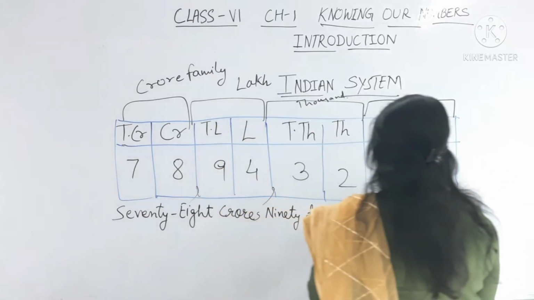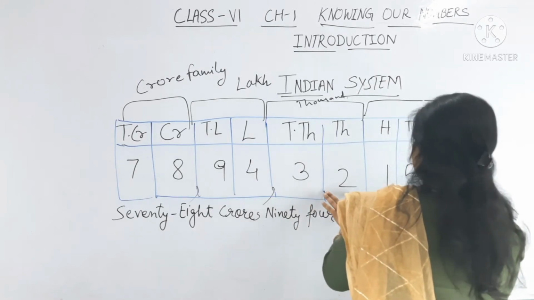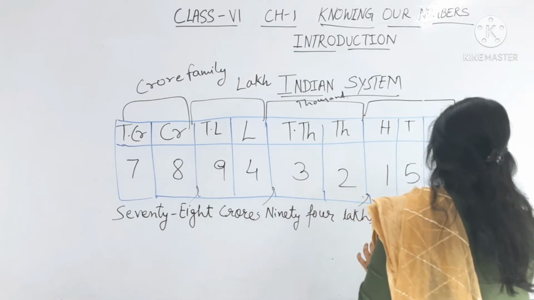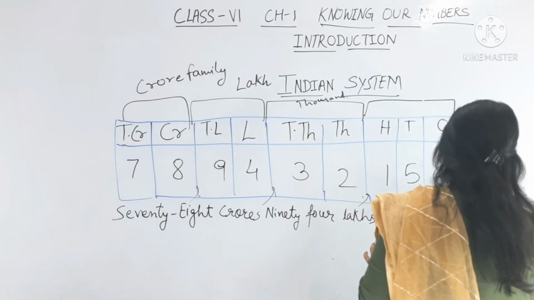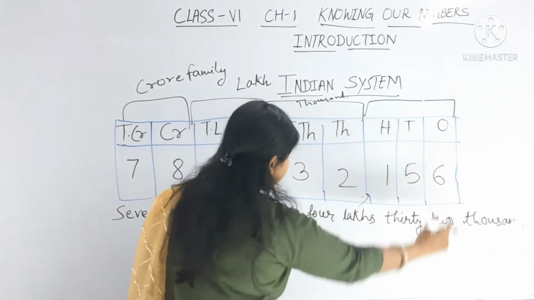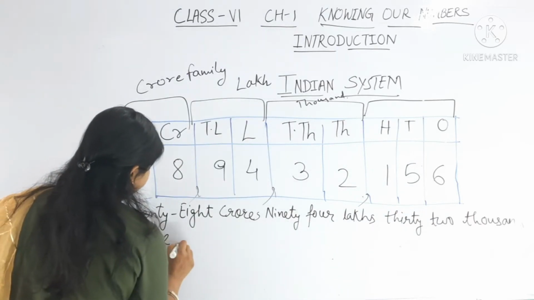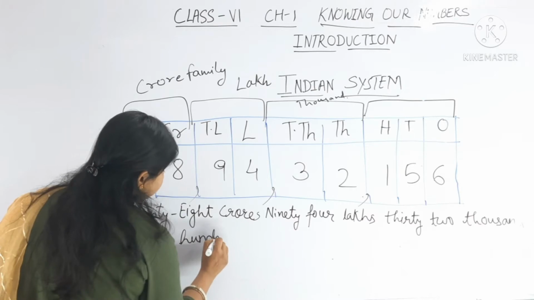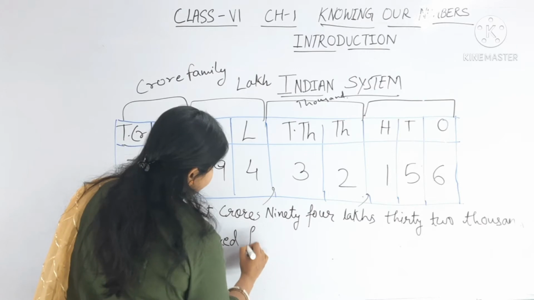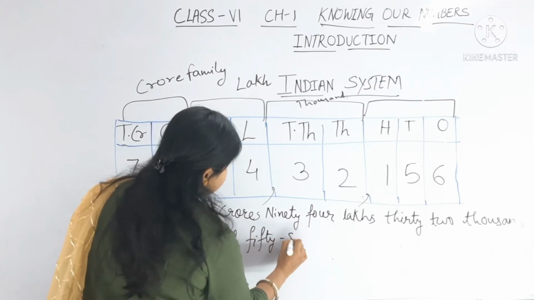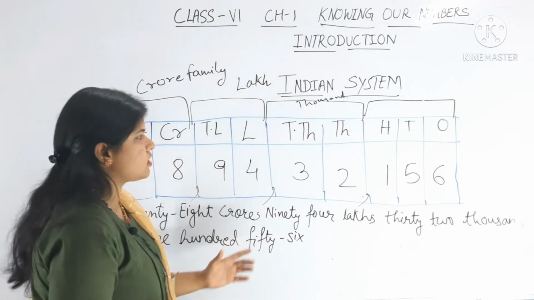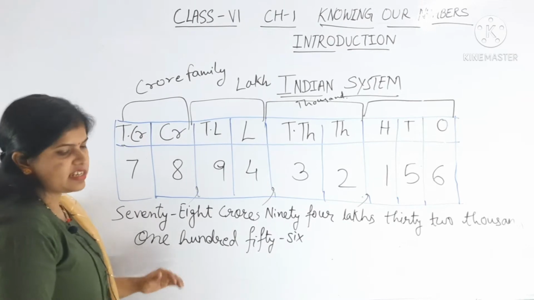Then this one is 32,000. This one will be 156. Do you all get my points? Like this you can write the number name of this Indian system. That is the Indian system.